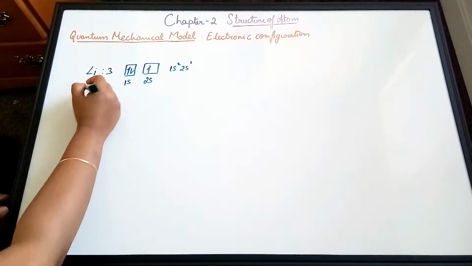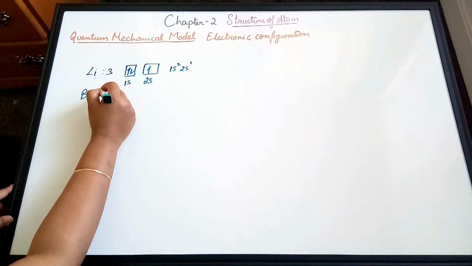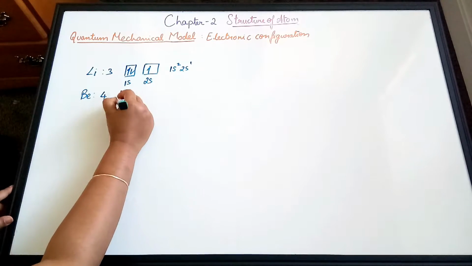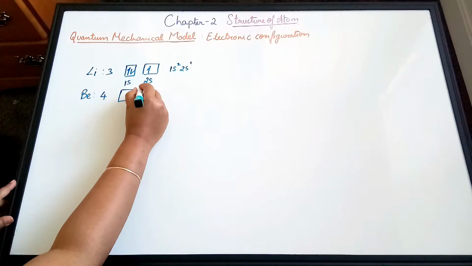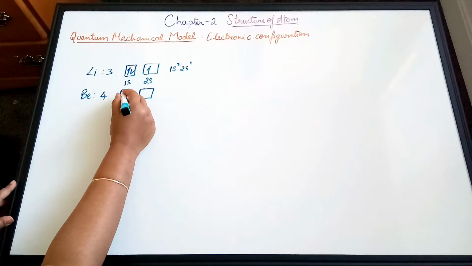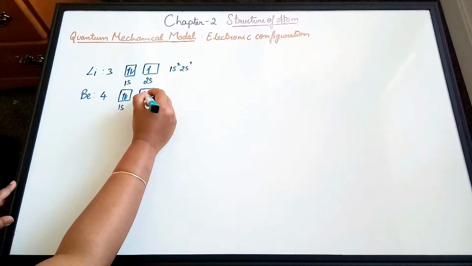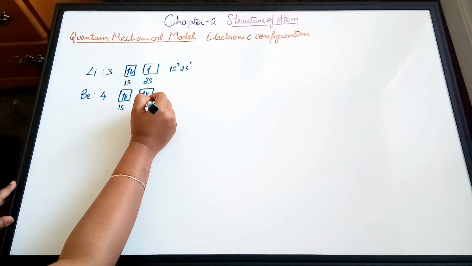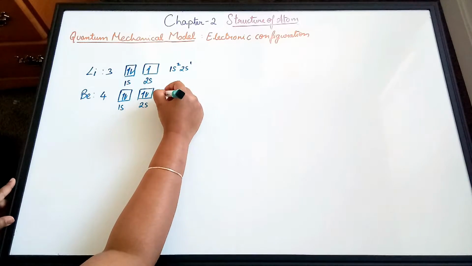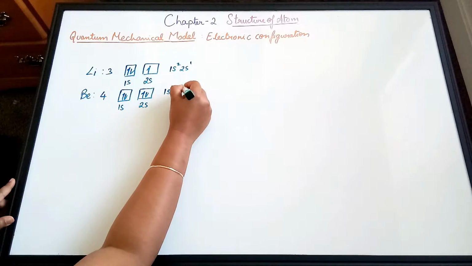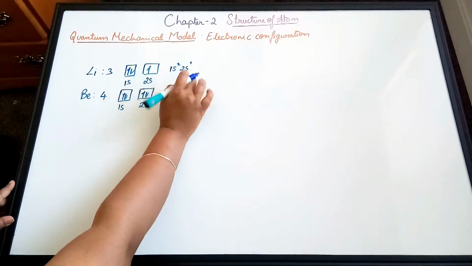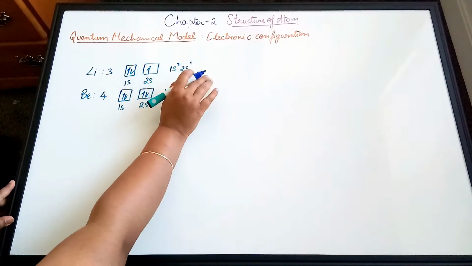Next, beryllium. Beryllium has the atomic number 4. So 1s is full, and 2s is also going to be full: 1s2 2s2. Here the 2p orbital is going to be empty.